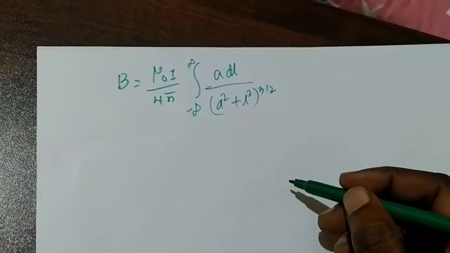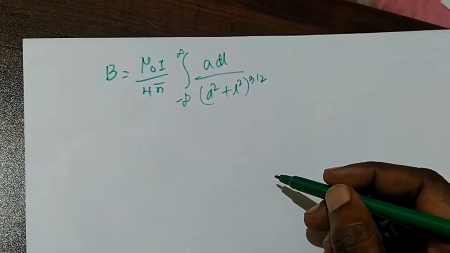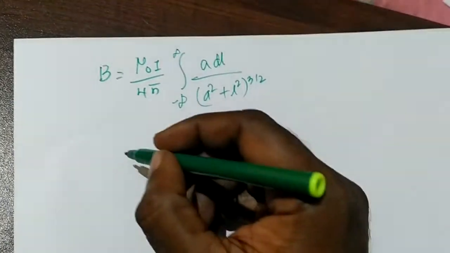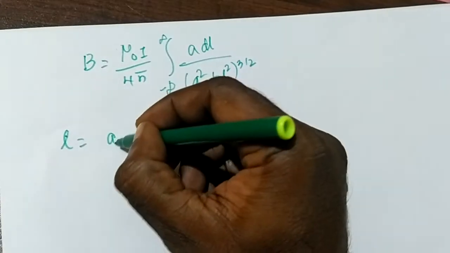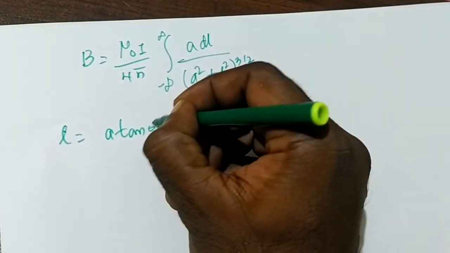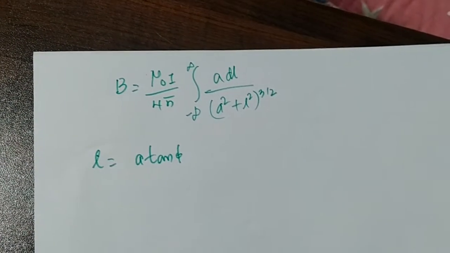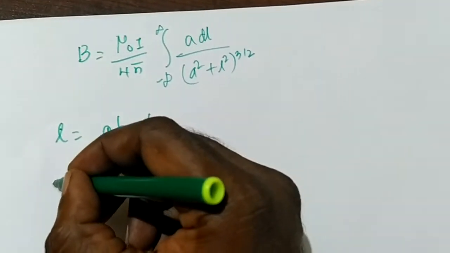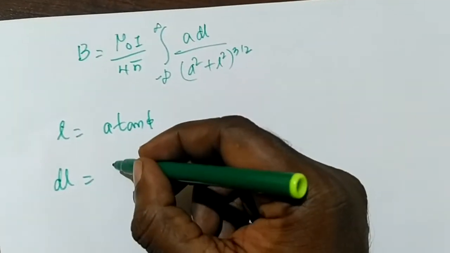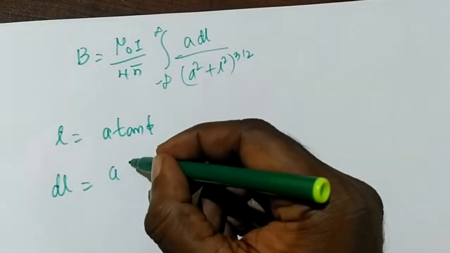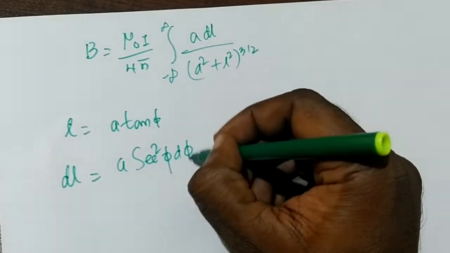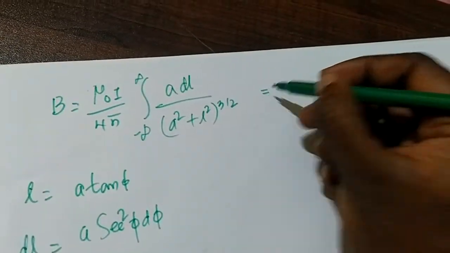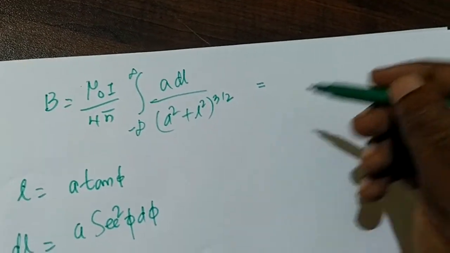So now I do some substitution. For that, I'm going to substitute L is equal to a tan phi. Therefore, dl is equal to a secant square phi d phi. So substitute here.